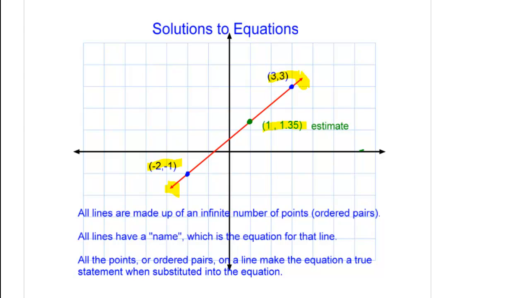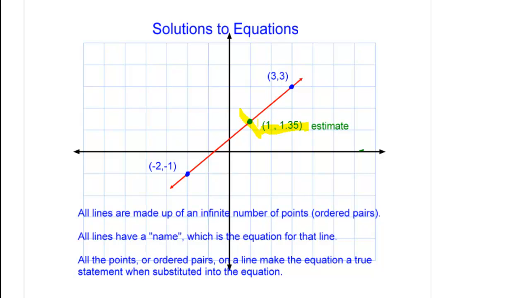Now, the end arrows on our line let us know that the line is infinite. And we also know that in between these three ordered pairs, there are actually an infinite number of other ordered pairs. They may be a lot harder to find, especially since not all of them are going to land on whole numbers. You'll notice 1.35 ends up being an estimate of where this line intersects at this point here.